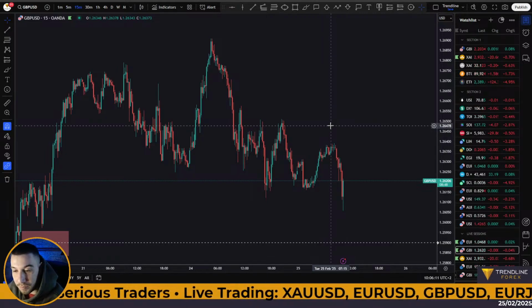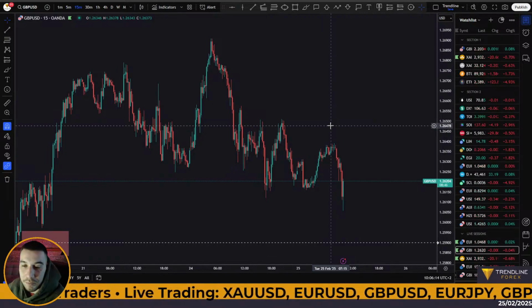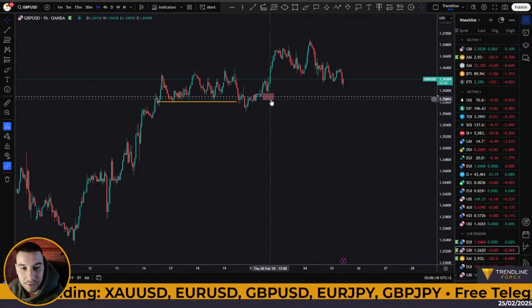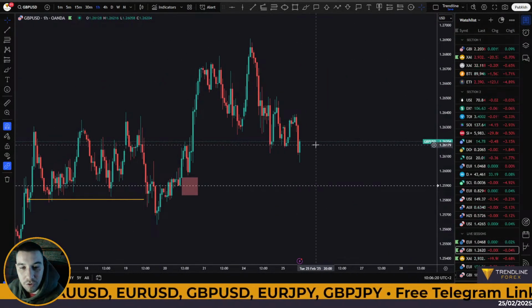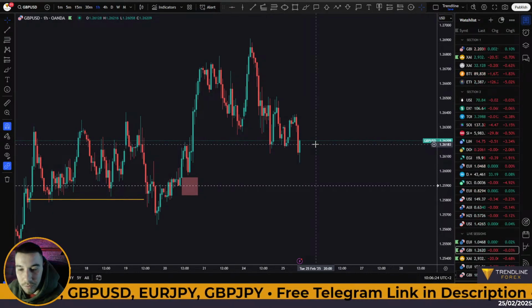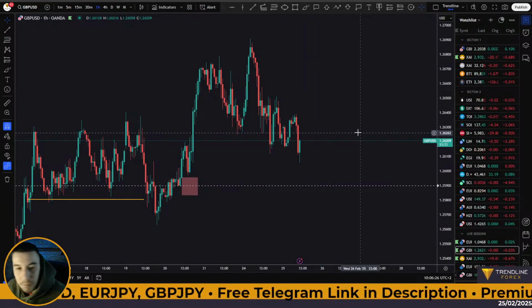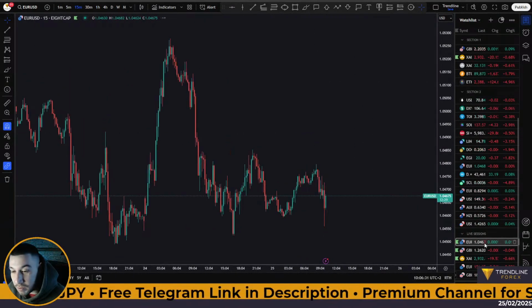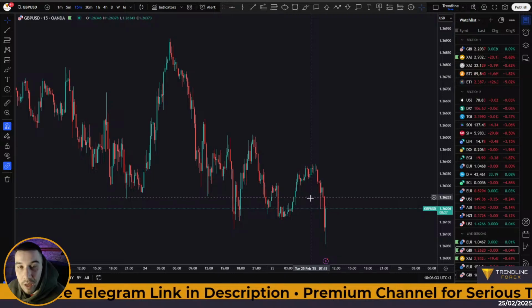I personally prefer to trade pound dollar. Most of my trades are on pound dollar, so I always hope to get a better kind of setup on pound dollar. But yes, what I'm essentially looking for is what I expect to see on euro dollar. This is what we have on pound dollar.